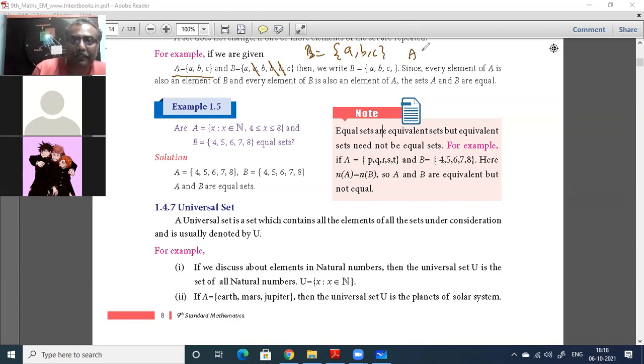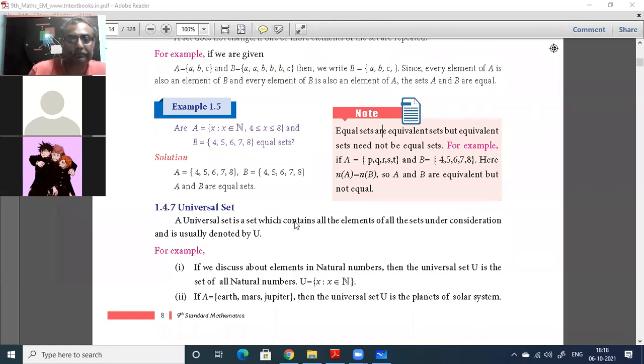So A equal to B. This is not a belongs to B. This is A equal to B. This is a set, this is a set. This is not an element. a belongs to B, that only is an element. But A equal to B means this is one set, this is another set. Both are written in capital letters, one written in small letters. Okay, continue to read.